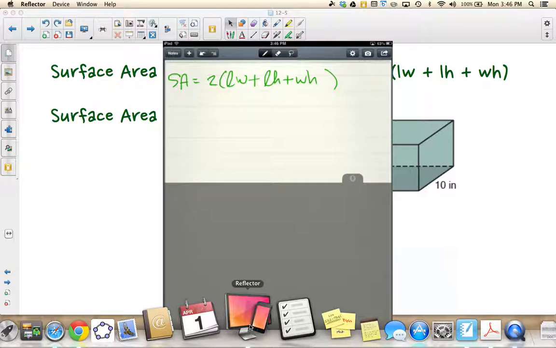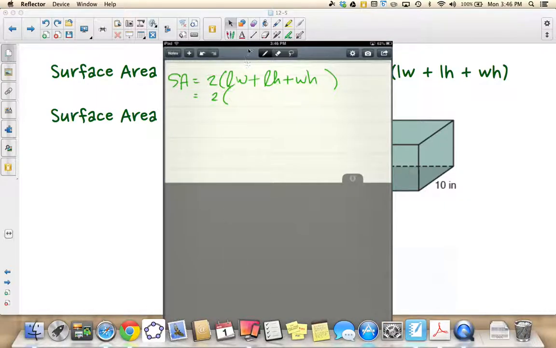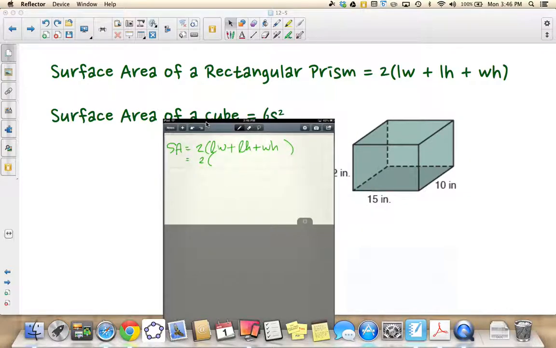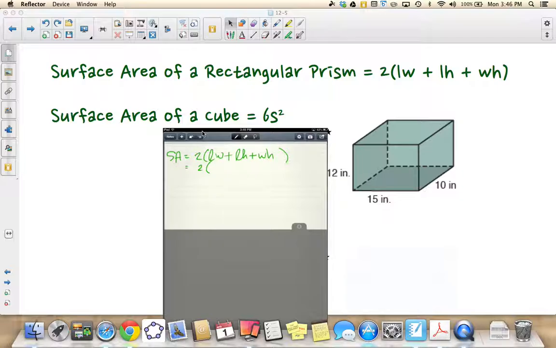If we apply that formula, we now have 2 times 12 times 15 plus 12 times 10 plus 15 times 10.